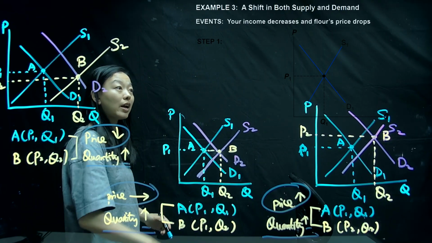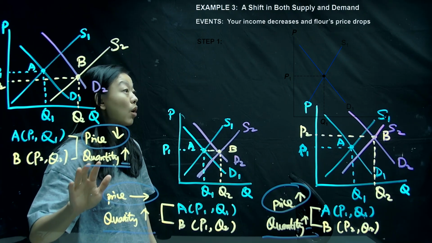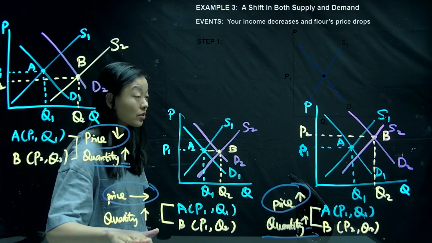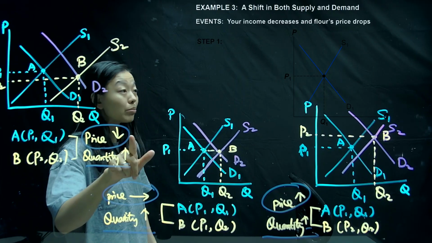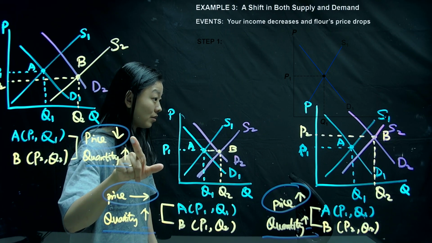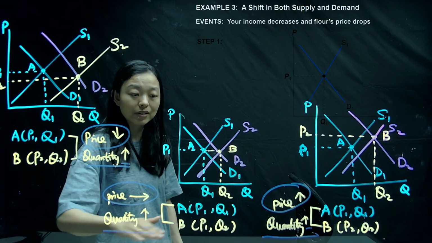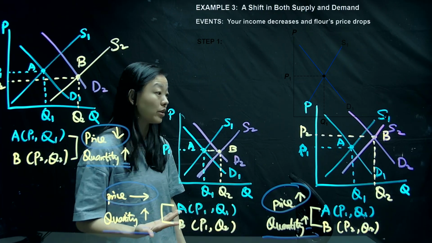So for these three cases, I would like to say the quantity will definitely increase. However, the change in price is uncertain, right? The price could decrease, could not change, could increase. However, the quantity will definitely increase.